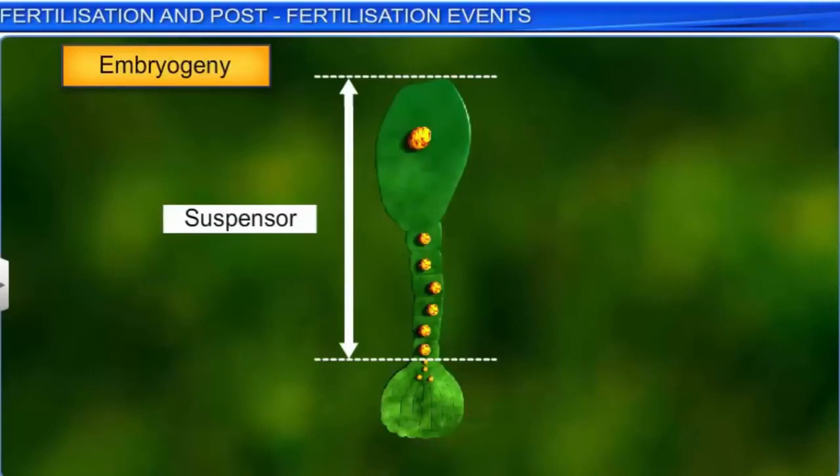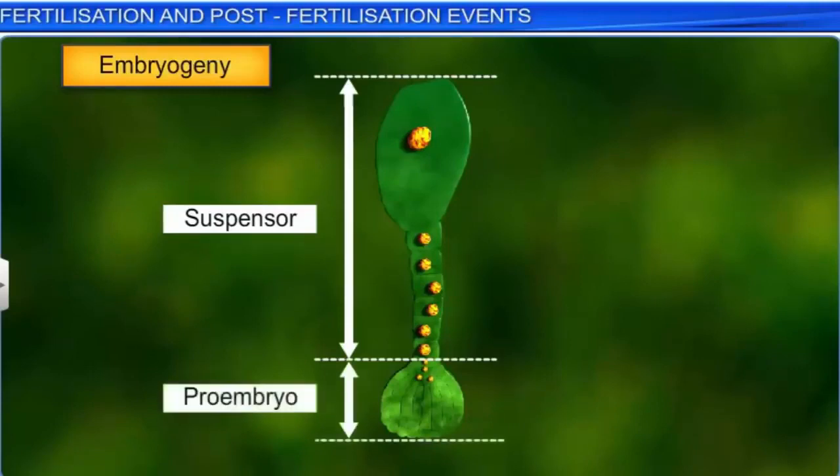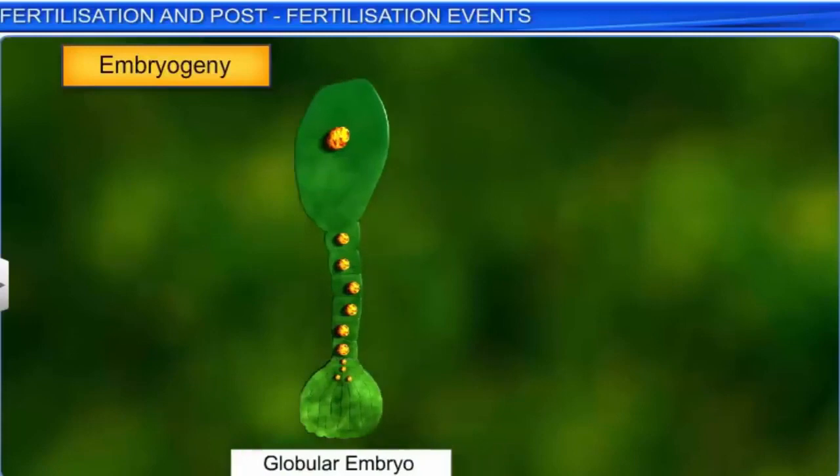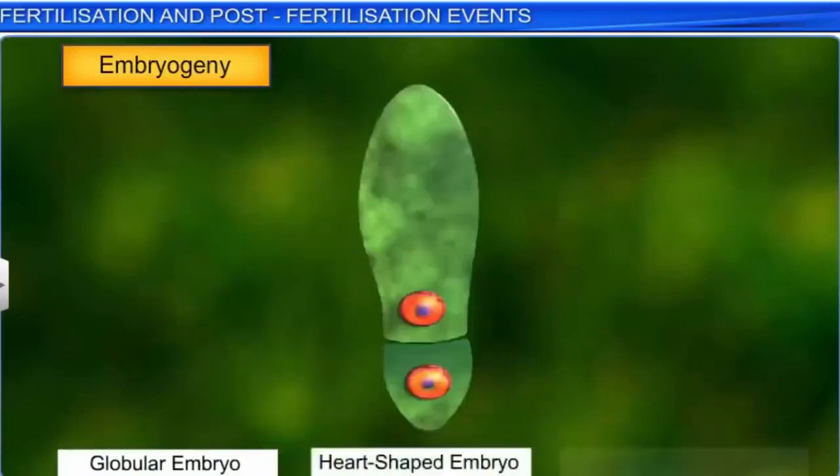Moreover, the terminal embryo cell also undergoes divisions to form a group of cells known as proembryo, which subsequently develops into a globular, heart-shaped and torpedo-shaped mature embryo.